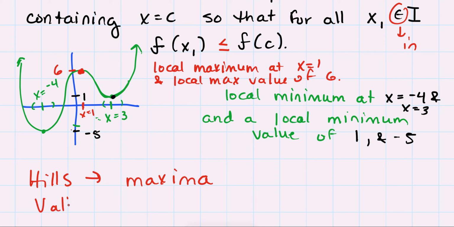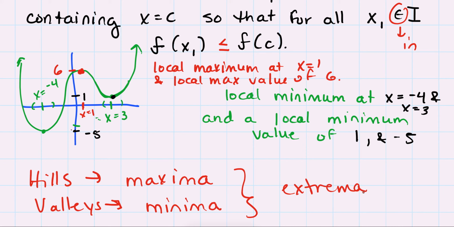And valleys correspond to minima. So if we have one minimum, or we're going to have more than one minimum, like here we had 2, we'll have 2 minima. And you might see this word extrema, which means we either have maxima, minima, or one maximum, one minimum. It's just these special points.